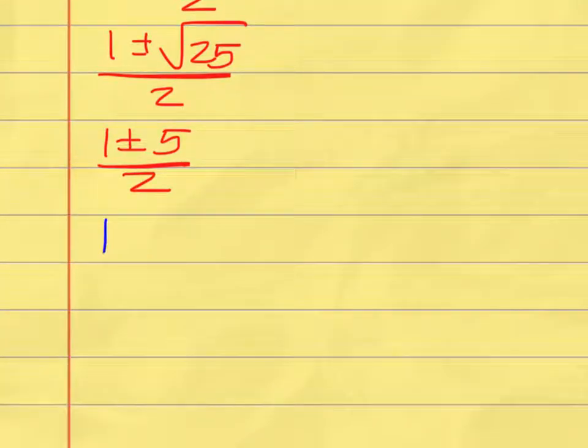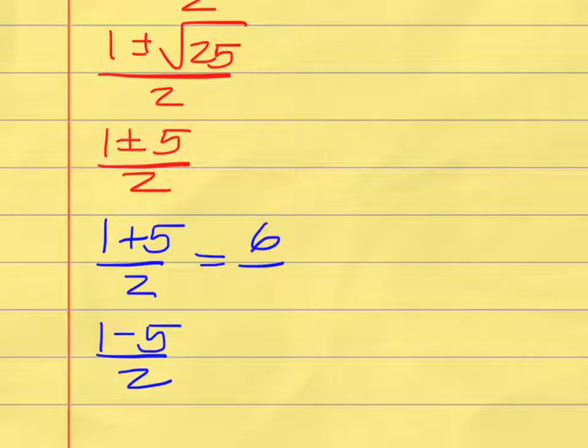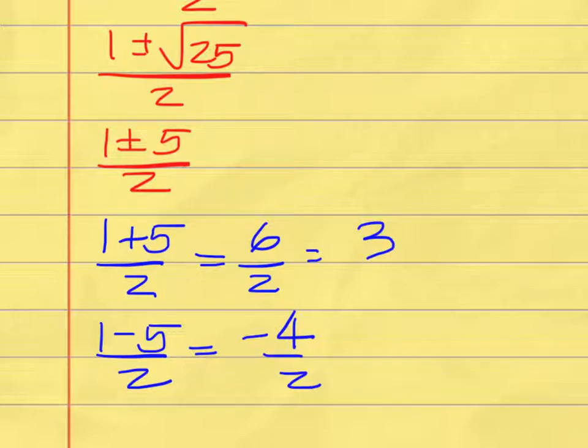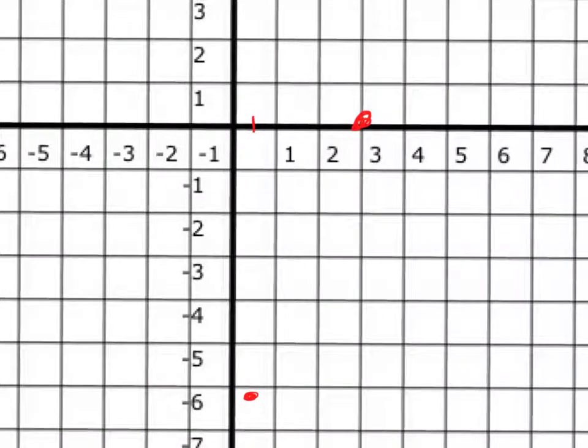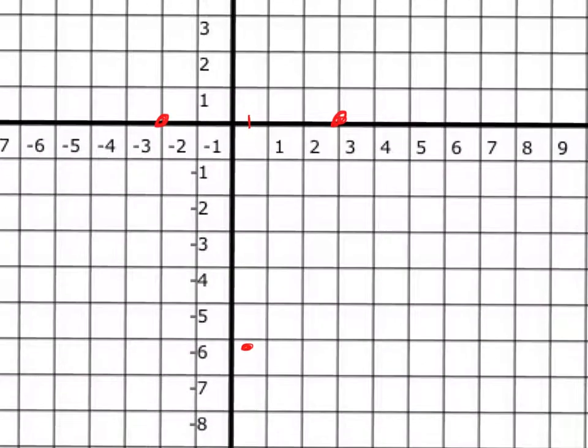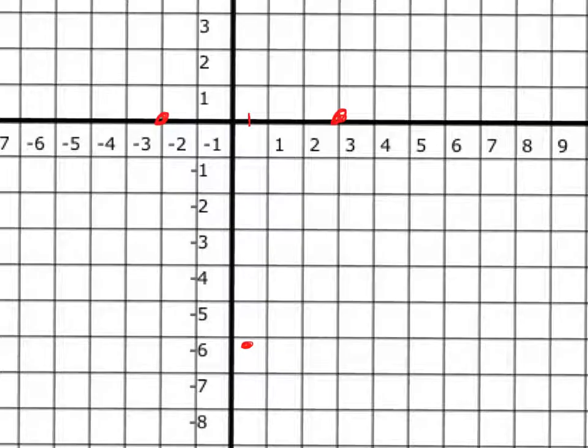So you have 2 problems to do, 1 plus 5 over 2 and 1 minus 5 over 2. 6 over 2 is 3, and negative 4 over 2 is negative 2. We have to plot 3 and negative 2. Here's 3, and then here is negative 2. So it looks like the vertex falls between those 2 points, so we're good so far.